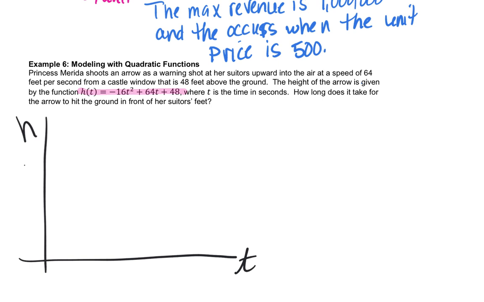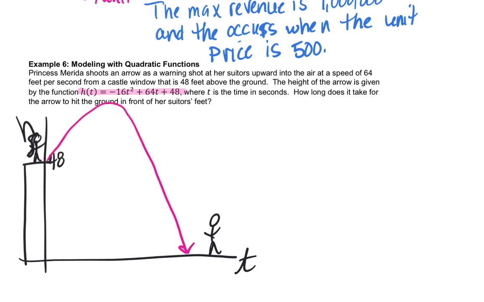So the castle is 48 feet up here, and then you've got your little princess up here, and she's going to shoot an arrow at some fella down here on the ground. She's giving him a warning shot. I want to know when she fires this into the air and it comes back down, how long does it take for it to be on the ground? So you're looking for the x-intercept.